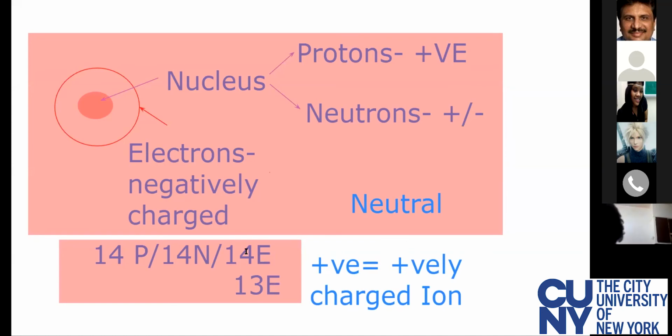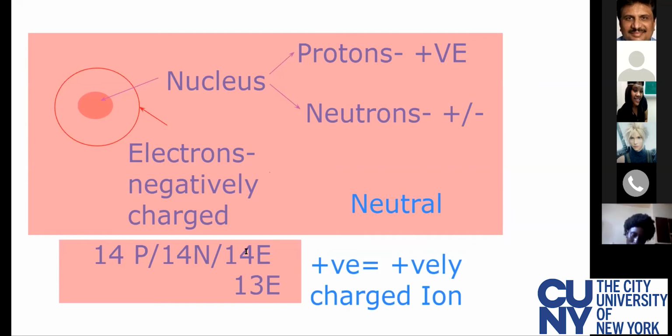Okay. So the question was, what are the charges on protons, neutrons, and electrons? Protons are positively charged, neutrons are neutrally charged, and electrons are negatively charged. The net charge on an atom is neutral because protons and electrons balance each other.